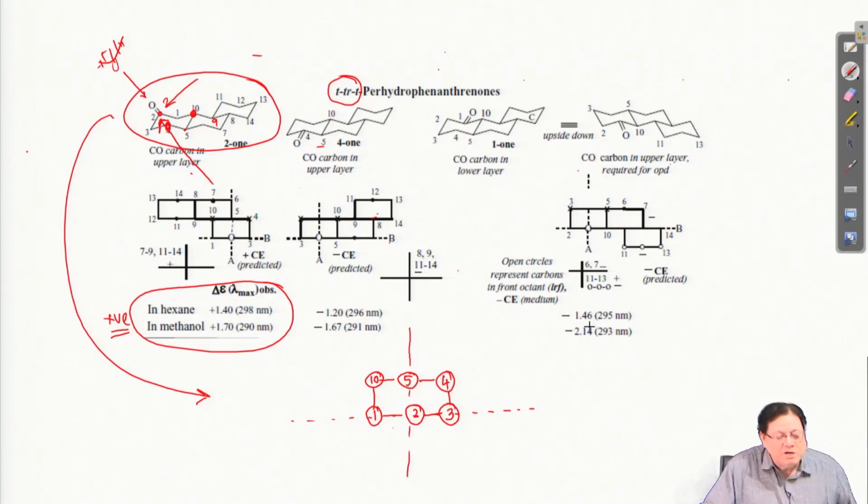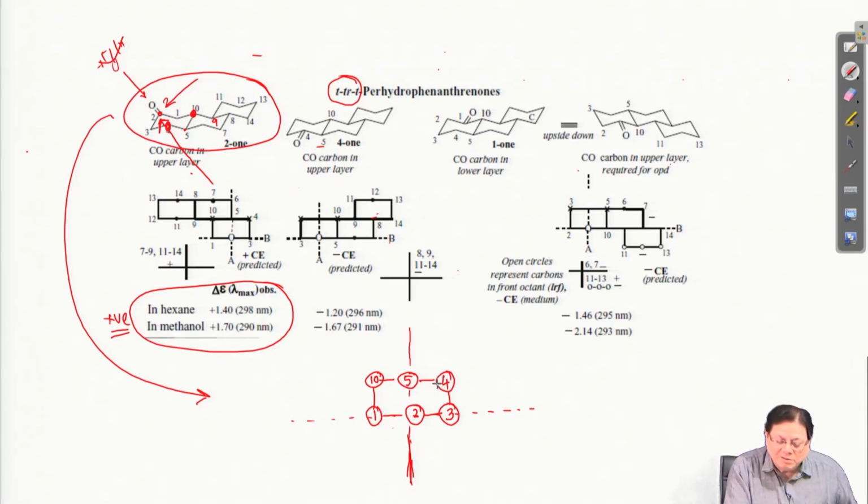Before that I should have mentioned how the contribution of each substituent varies depending on its location. First of all, substituents or atoms lying along this axis do not contribute at all to the sign of the octant effect.